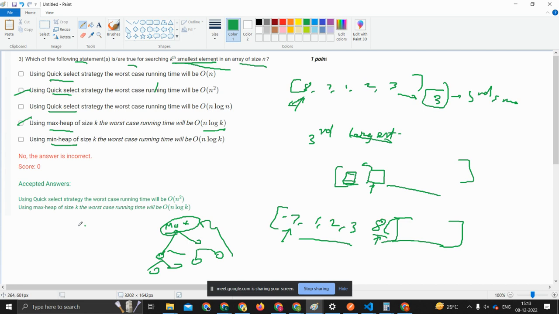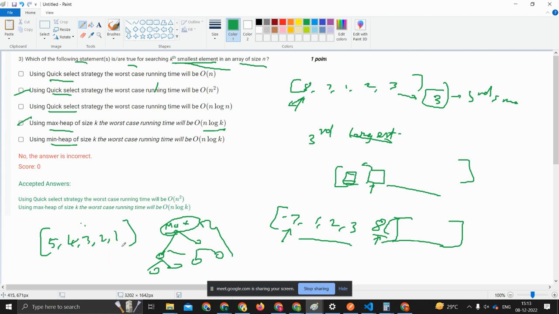That doesn't really matter because we are interested only in the maximum. That is why it is taking n, because in the worst case you have to go down, since we are searching for the smallest element in a max heap. It could be at any level, as far down as possible. Would the same answer hold for a min heap? No, because a min heap has the smallest elements above, so it will be much faster.